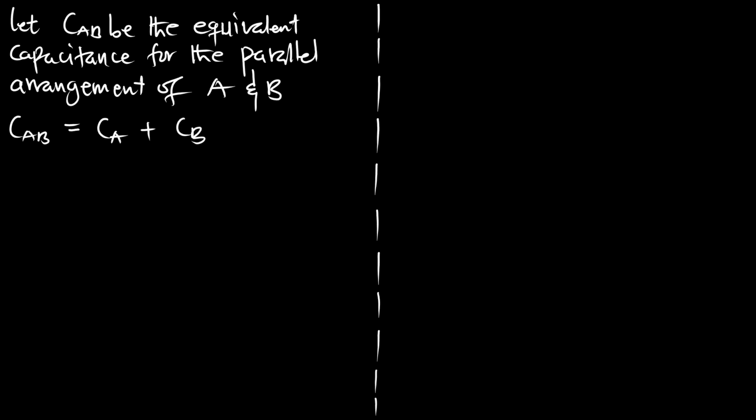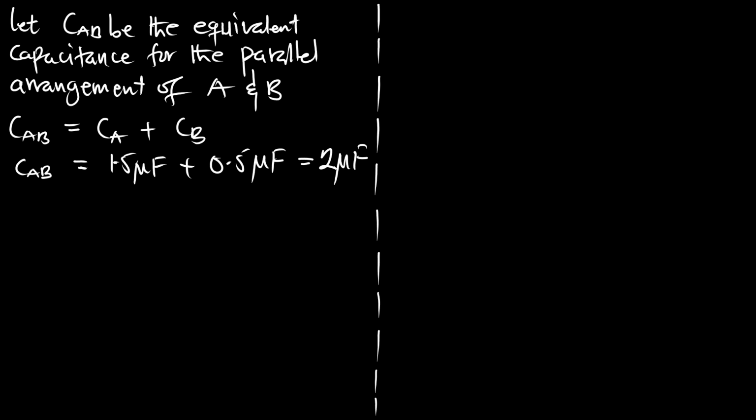So that is going to give us 1.5 microfarad plus 0.5 microfarad, and this is leading us to 2 microfarad. So that is for CAB, the parallel arrangement.